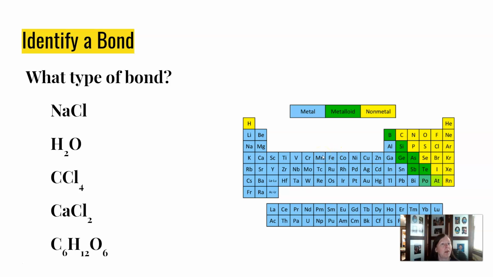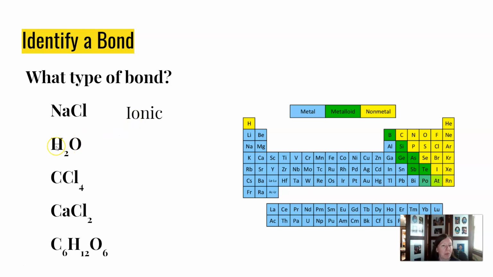And if we see all yellow items, then we know we've got all nonmetals, and we're going to be covalent. So the first thing we have is sodium chloride, NaCl, and we have sodium right here in group 1, blue. We have chlorine right here in group 17, yellow. So I cross. So this would be ionic bond.